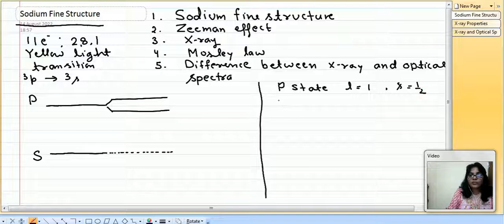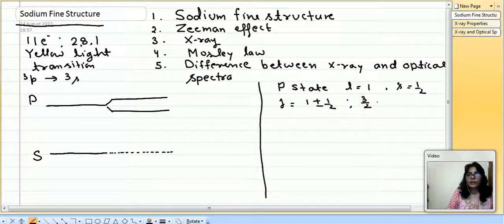So J is equal to 1 plus or minus half. 1 plus half is 3 by 2, and 1 minus half is half. So we have two values of J, 3 by 2 and half. Since we are dealing with the atom as a whole, we write capital J and capital S.